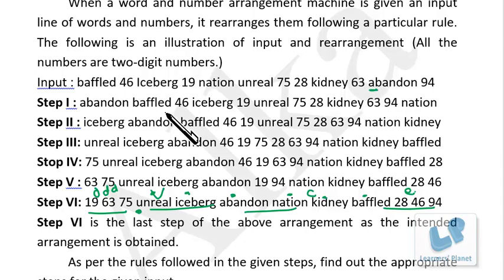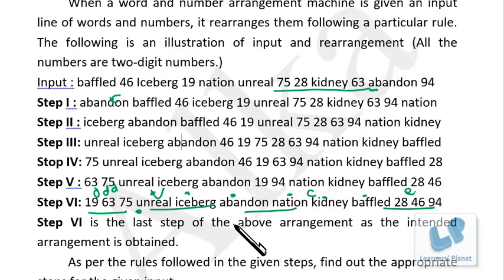So the shifting of abandon is done. Then this is as it is. Then the movement of nation is also there. So that's pretty simple. One word that is starting with a vowel is arranged, and one word that is starting with a consonant is arranged.